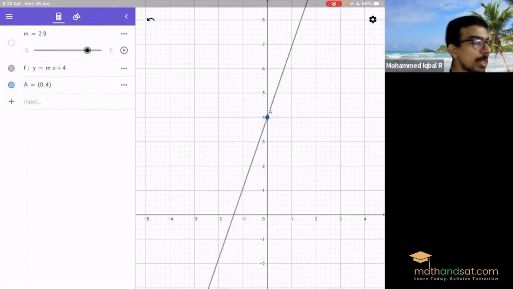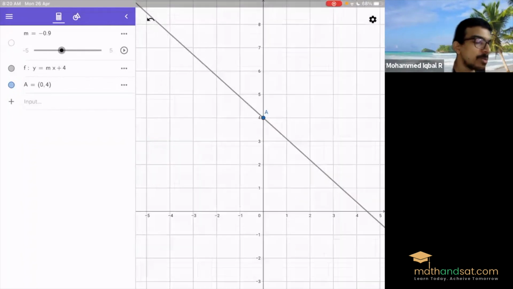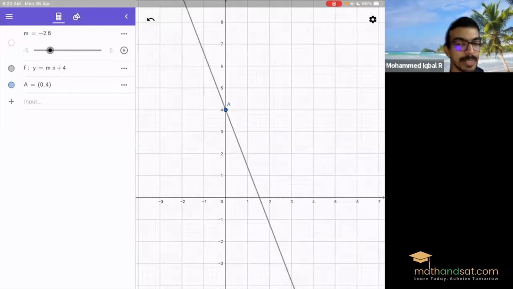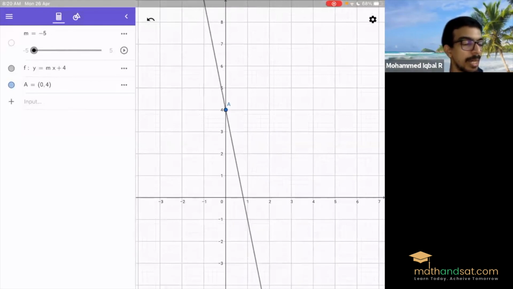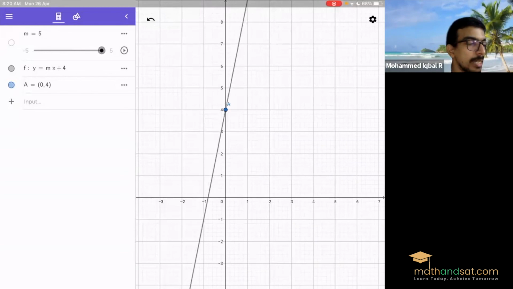Similarly, if I go from a horizontal line to a negative slope, see, the line is making an obtuse angle with the positive direction of the x-axis. In the positive slope case, the line was making an acute angle.